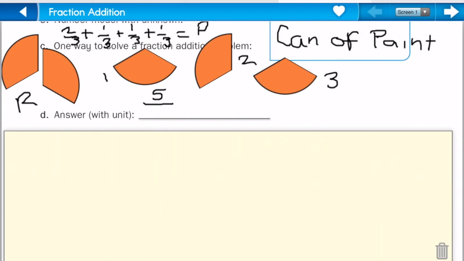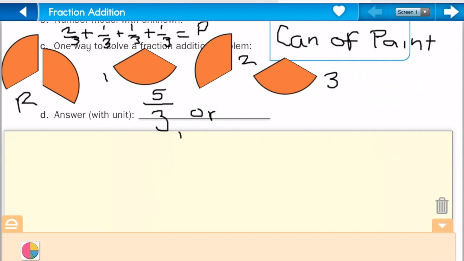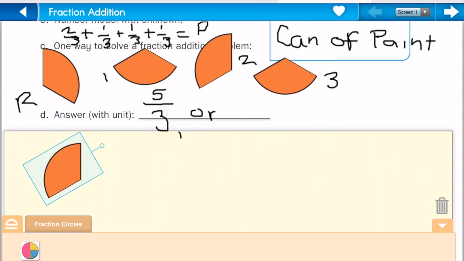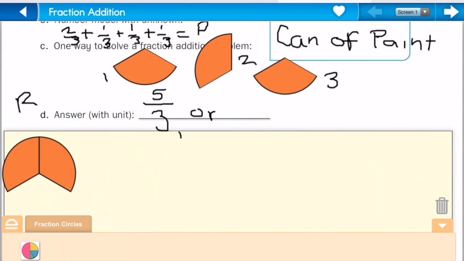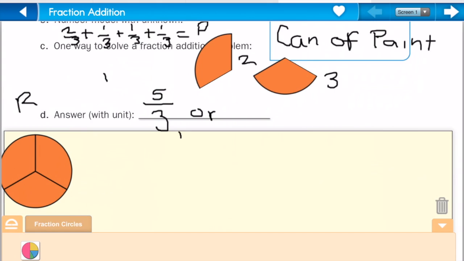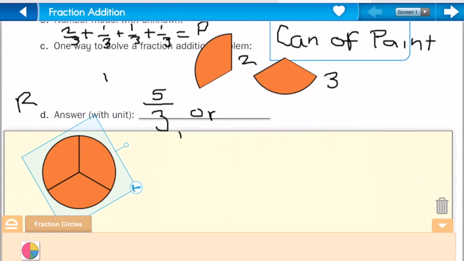pieces, and they're thirds. So one way you could write it would be 5/3. But there is a better way to write it, and I'm going to show you guys how we're going to do that. With this being here, we can put these circle pieces together to help us. So here's 1. So we have 1.